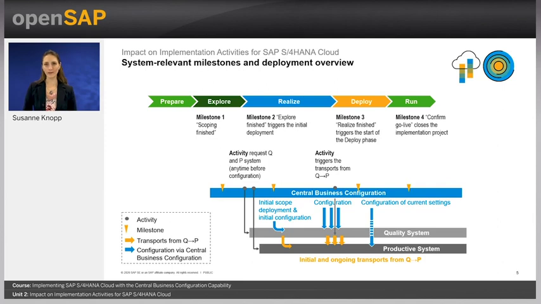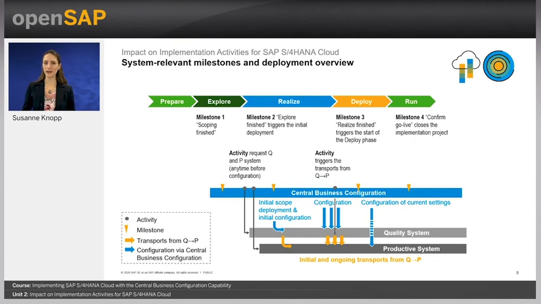During the explore phase, you have then the further activities like setting your organizational structure and like doing the primary financial settings. And you have to do the activities to request the quality and the productive system. The milestone 2 closes the explore phase and triggers the initial deployment of configuration to the S/4HANA Cloud quality system.